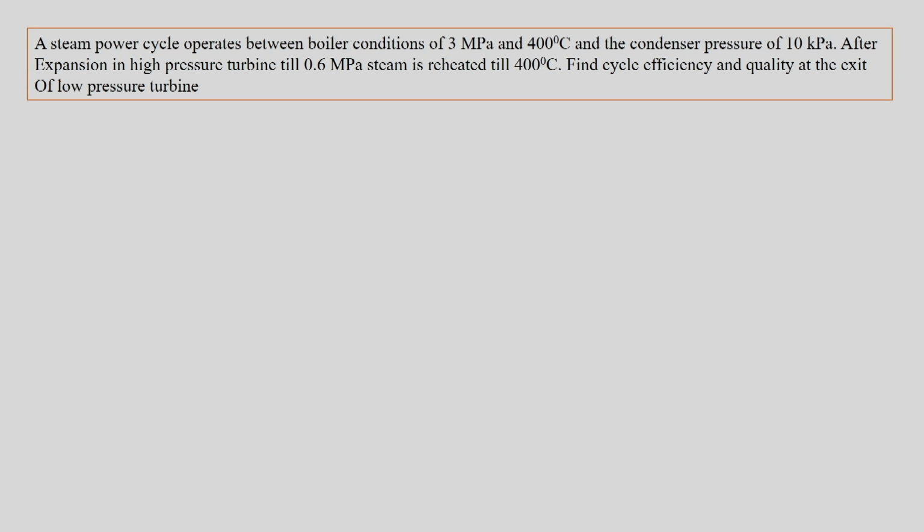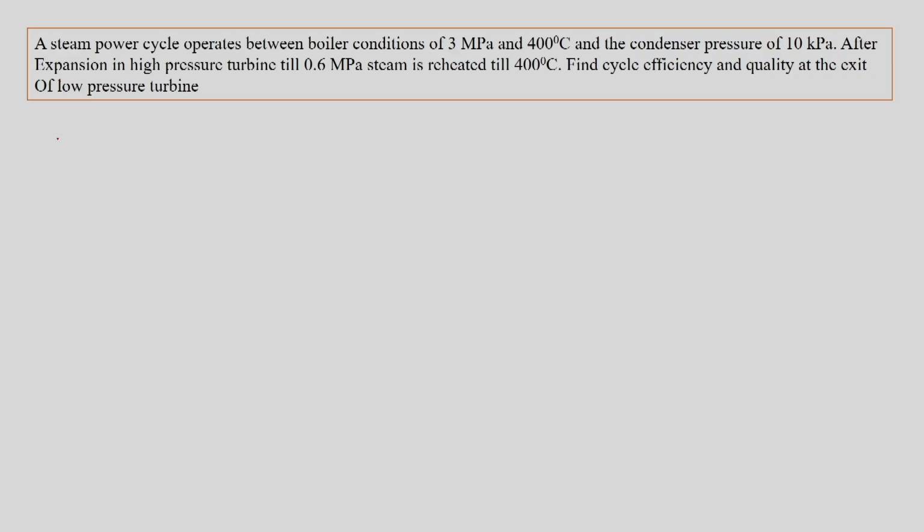It reads that a steam power plant operates between boiler conditions of 3 megapascal and 400 degrees Celsius and a condenser pressure of 10 kilopascal. After expansion in the high pressure turbine to 0.6 megapascal, steam is reheated to 400 degrees Celsius.